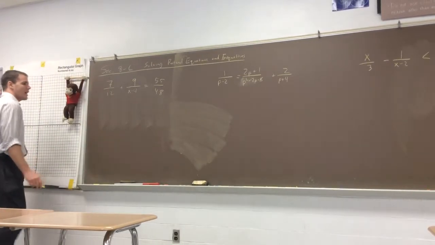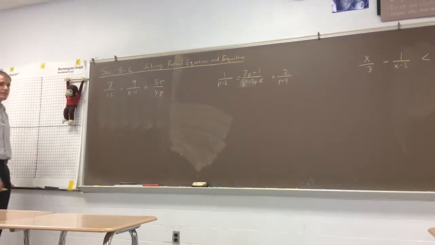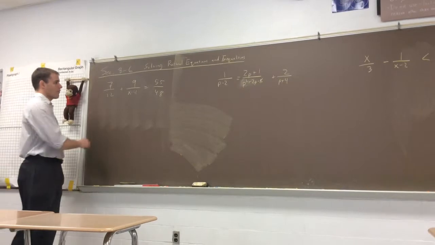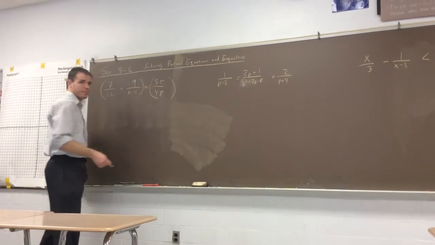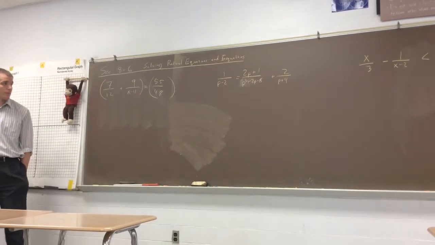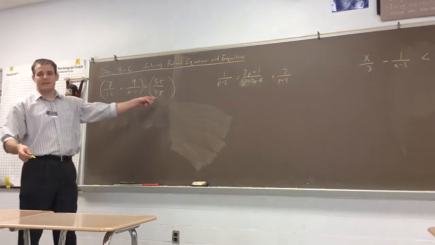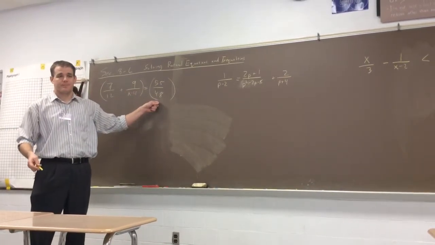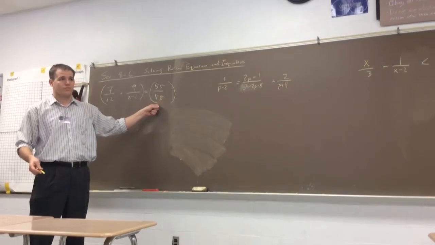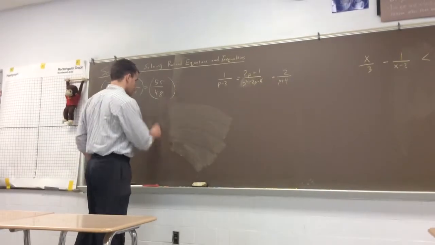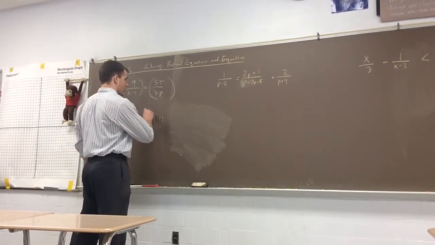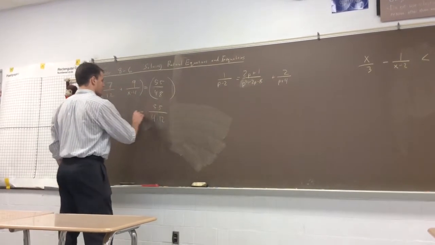What is the least common multiple we have for these? What can I multiply both sides by to get rid of everything? Well, what can we break this down into? 4 times 12. So 4 times 12, we got 55 up here.